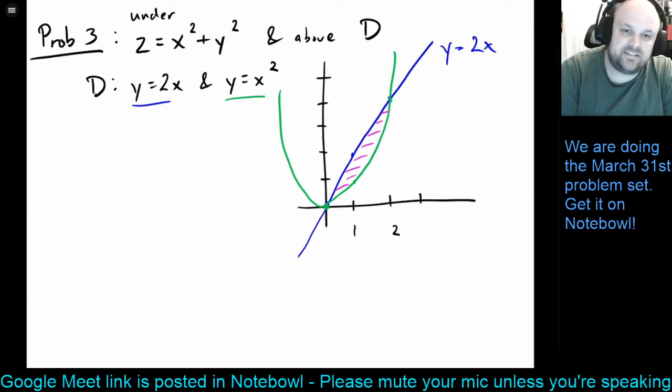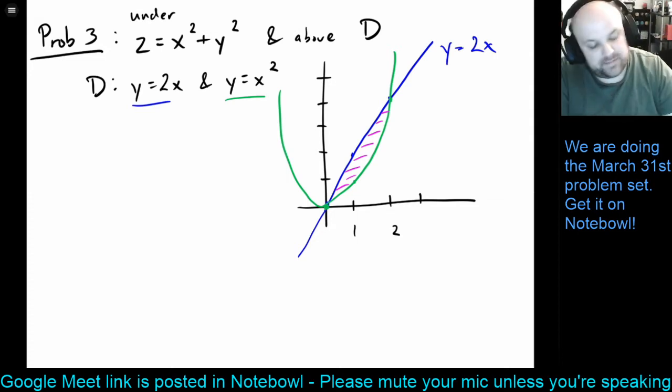In this case, there's not really any difference whether we integrate with respect to x first or y first. In either case, we're going to end up with one integral, because this region starts at blue and ends on green if we move left to right, and it starts on green and ends on blue if we go bottom to top.